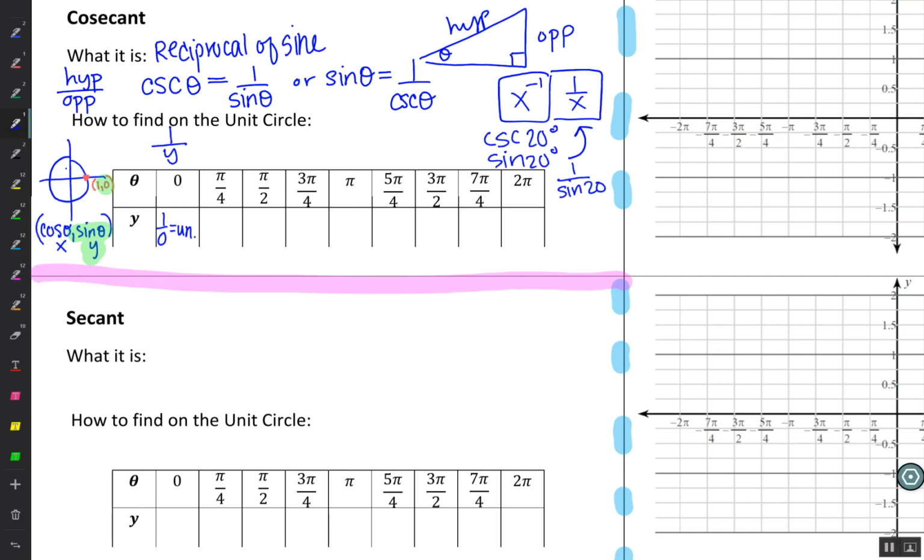Okay, so let's do pi over 4. Pi over 4 is 45 degrees. It's right here. It's that point rad 2 over 2, comma rad 2 over 2. So we are going to do the reciprocal of rad 2 over 2. The reciprocal of rad 2 over 2 is 2 over rad 2. Let's get that in a calculator.